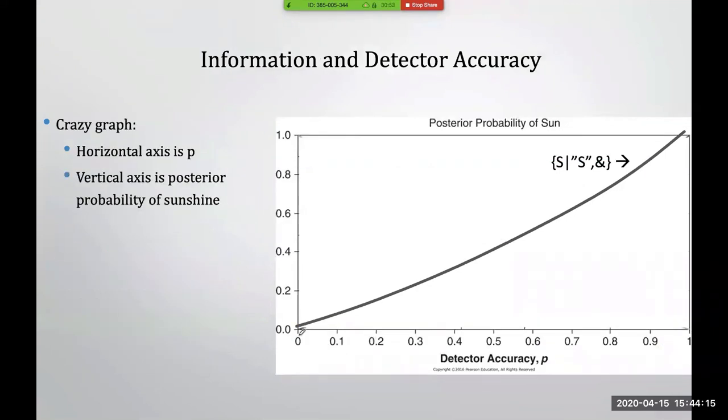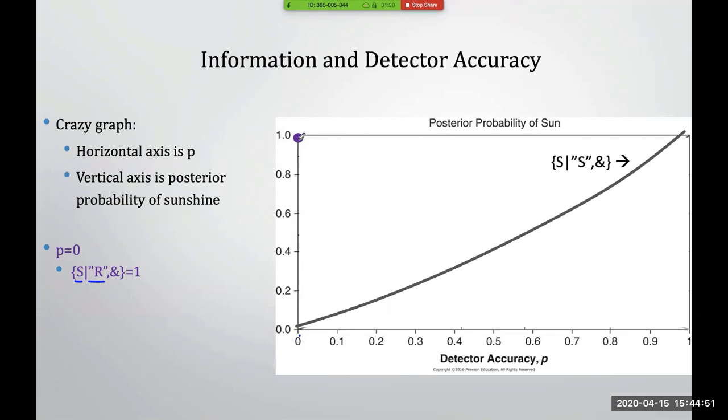So that's why we're also interested to know the posterior probability of a sunny day when the message is rain. As we can see before, when the accuracy is equal to 0, the detector will get the weather opposite perfectly. That means when the message is rainy day, the weather is actually going to be sunny. So that corresponds to this point.